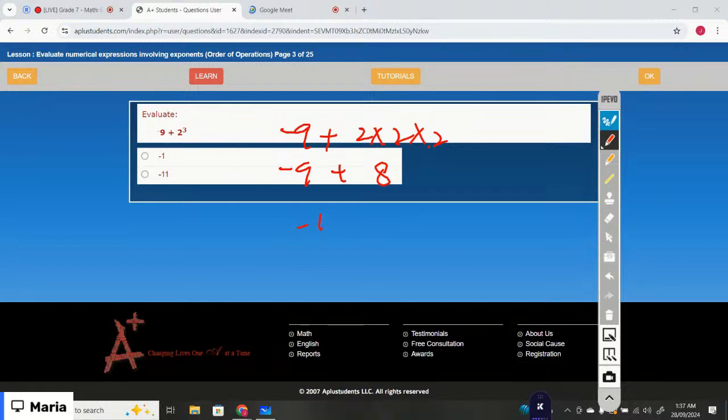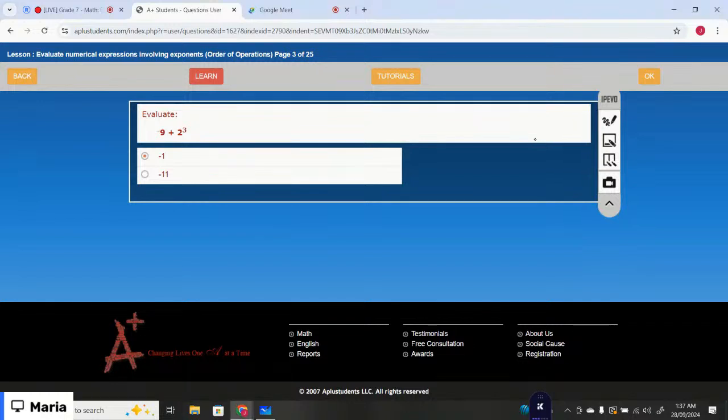So the correct option is negative 1. Let's move on to the next question.